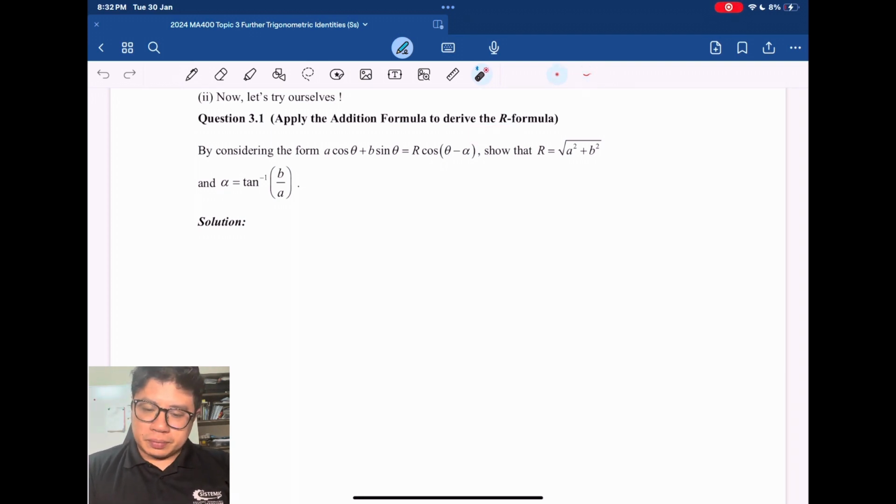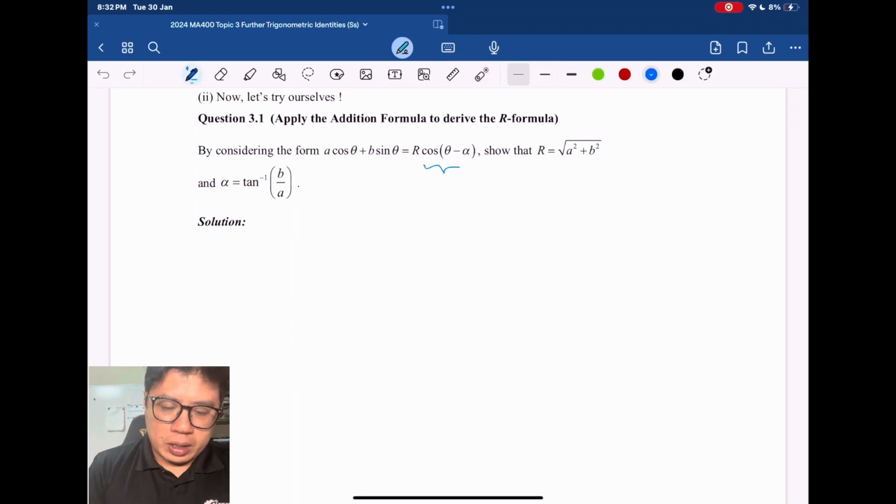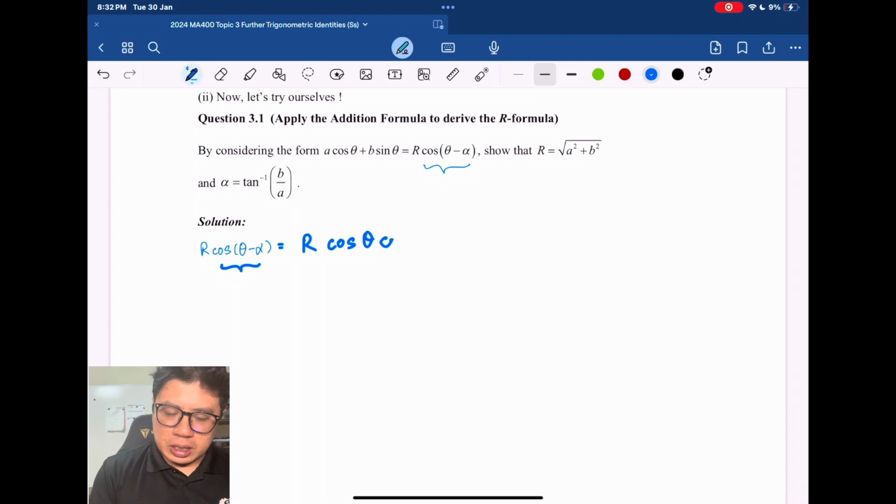Okay, so if we start by looking at r cos(theta minus alpha), we can use the addition formula for cosine. So r cos(theta minus alpha), if I expand this, is r multiplied by cos theta cos alpha plus sin theta sin alpha.